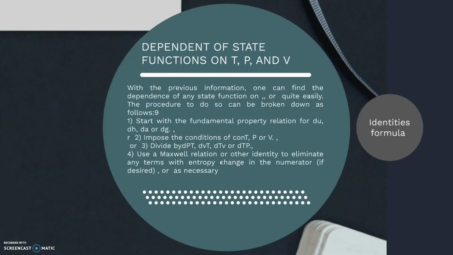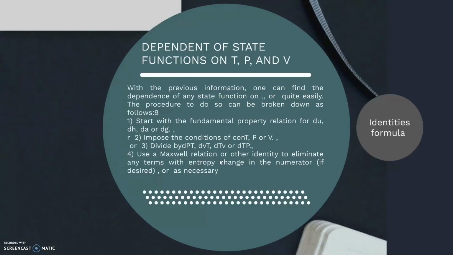Next we move on to the dependence of state functions on T, P and V. With the previous information, one can find the dependence of any state function quite easily. The procedure can be broken down as follows. First, start with the fundamental property relations for dU, dH, dA or dG.